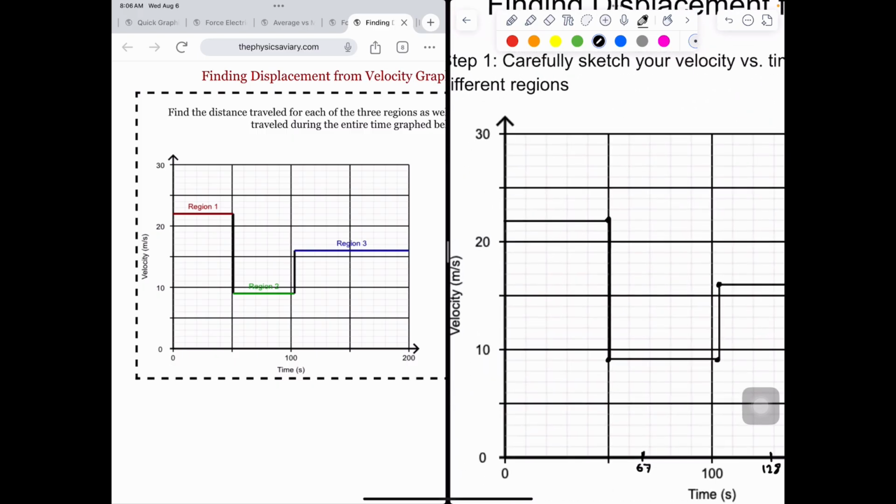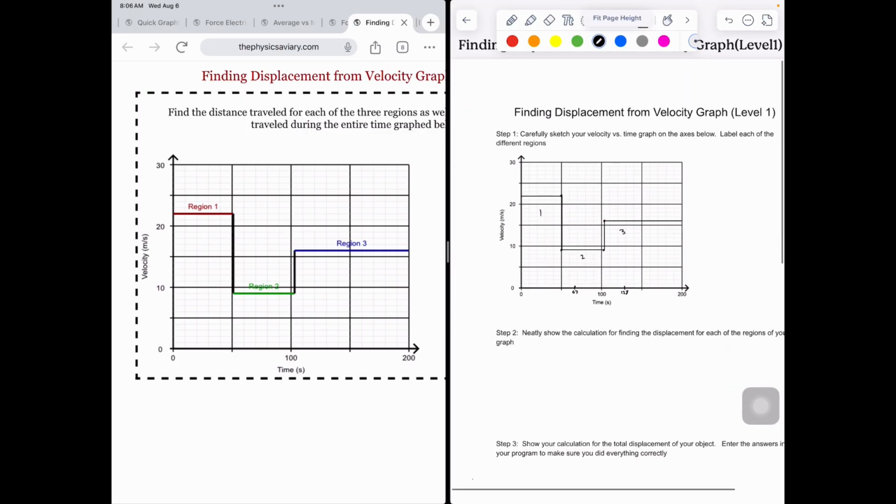Okay, so for me, this is region 1, this is region 2, this is region 3. You should have sketched your graph already.